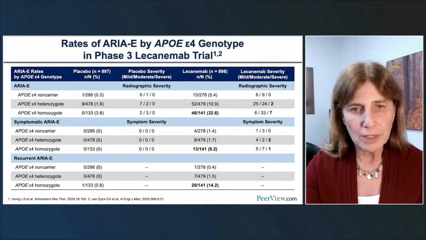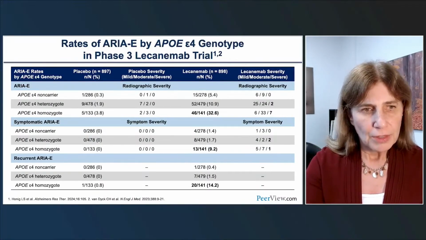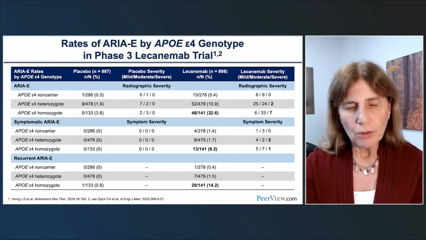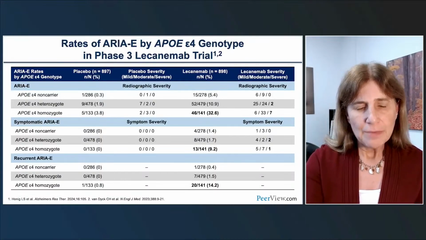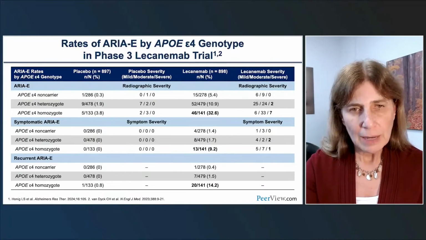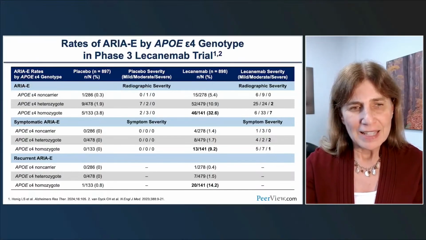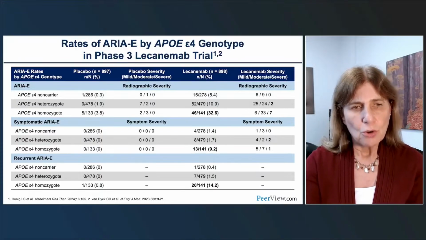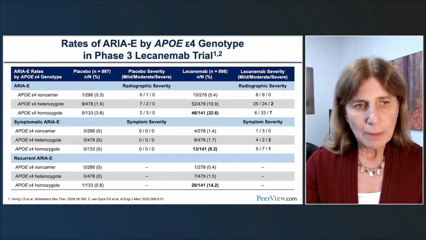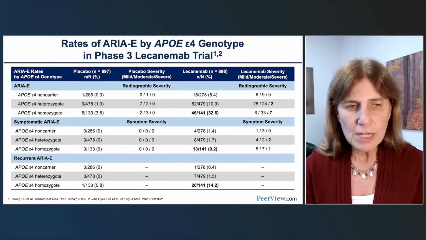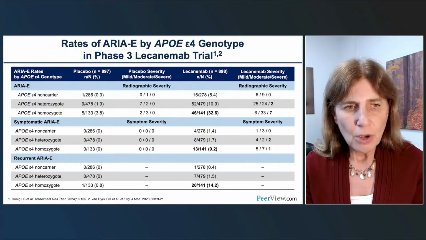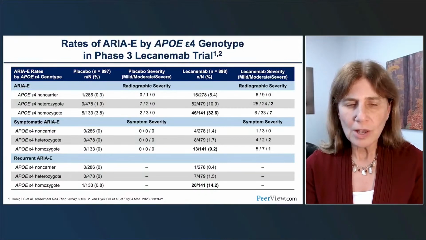If we look at some specific data from the phase 3 lecanemab trial, and subsequently we'll look at the donanemab trial, what you see here on this slide are rates of ARIA-E. Overall, the rate of ARIA-E in the phase 3 lecanemab trial was about 12.5%, and the symptomatic rate was about 2.8%. So the majority asymptomatic. But here on this table, what you see is the breakdown by ApoE4 genotype: non-carrier, heterozygote, homozygote.